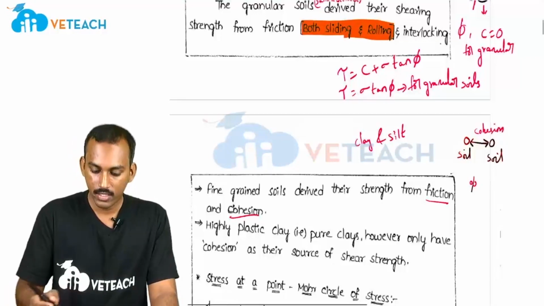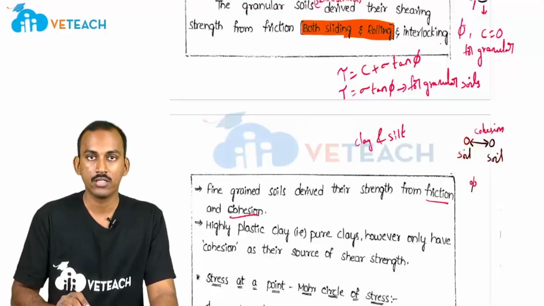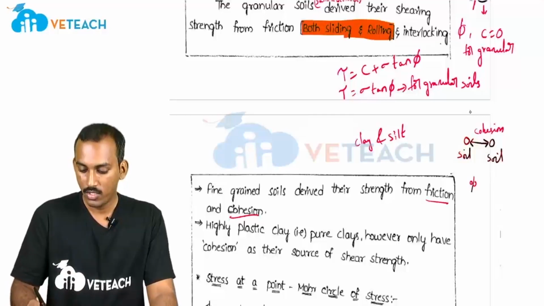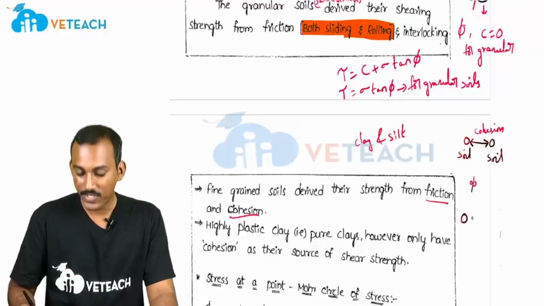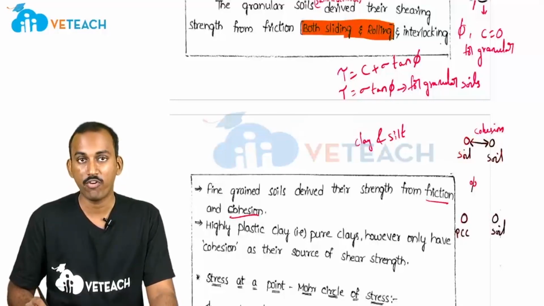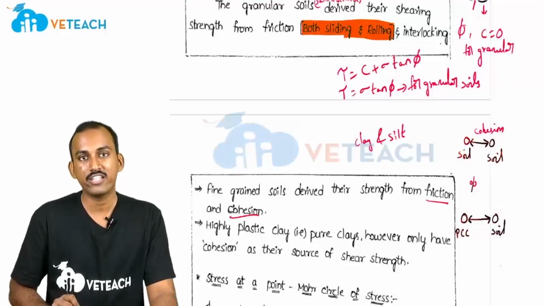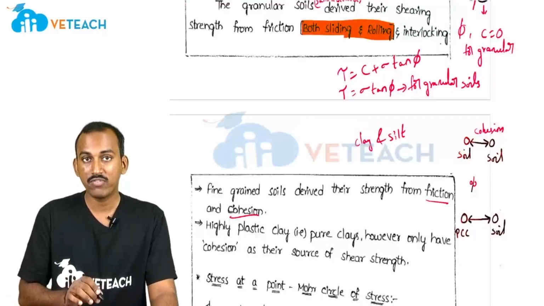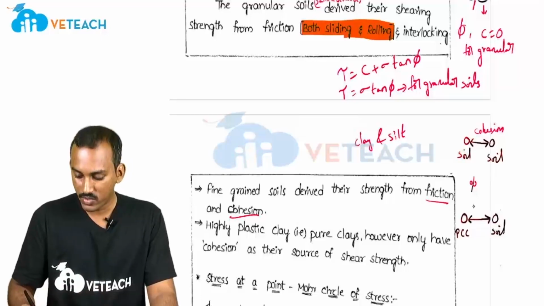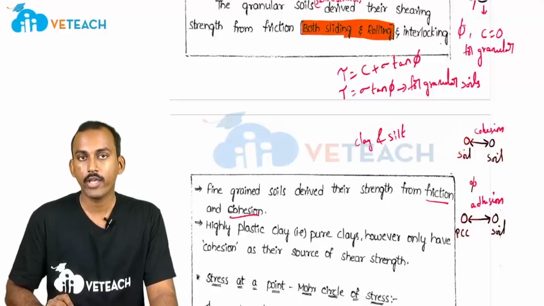Whereas let's say I am considering a foundation. I have laid a foundation on the soil. This is a foundation, that means PCC, plain cement concrete, the foundation material, and this is soil. These two materials will also always attract each other. So the attractive force between two different materials is known as adhesion.